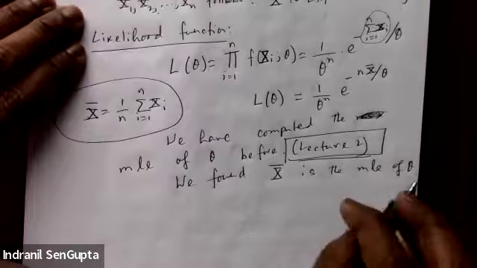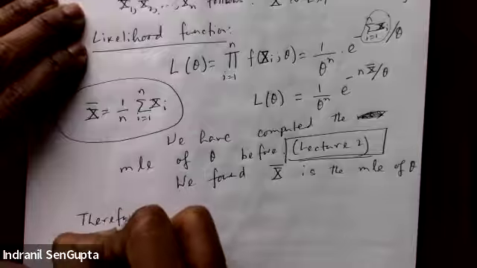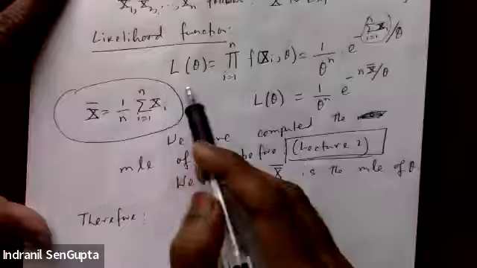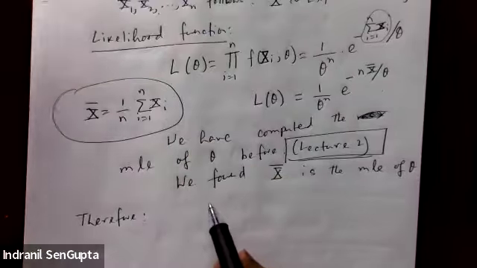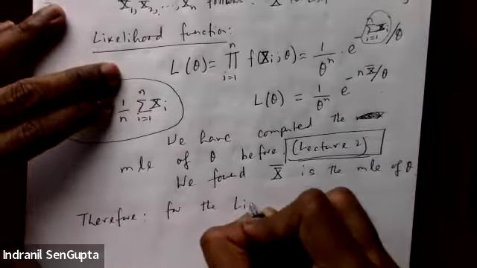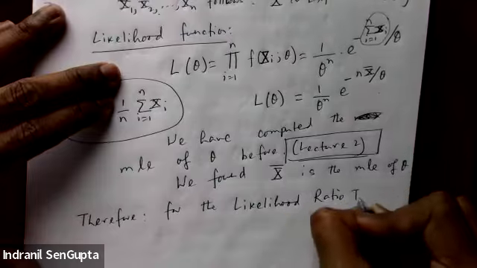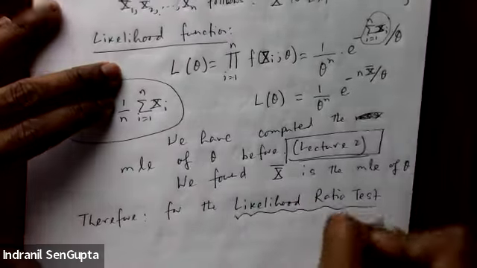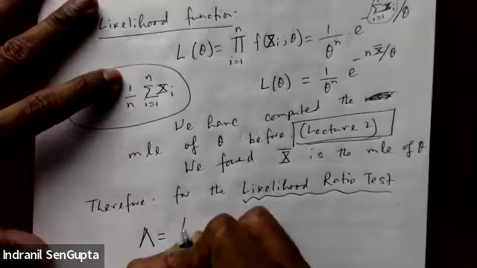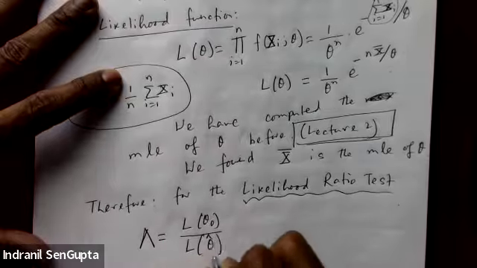So now, up to this point, we found the likelihood function and simplified it. Now for the likelihood ratio test that we developed, let's compute lambda, which is L of theta 0 over L of theta hat, the estimator.